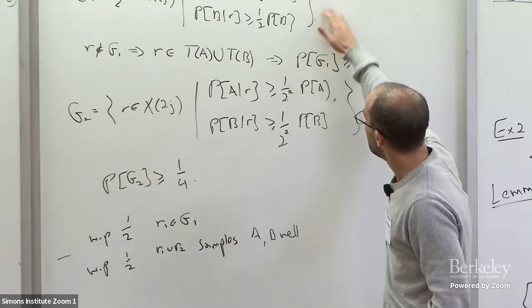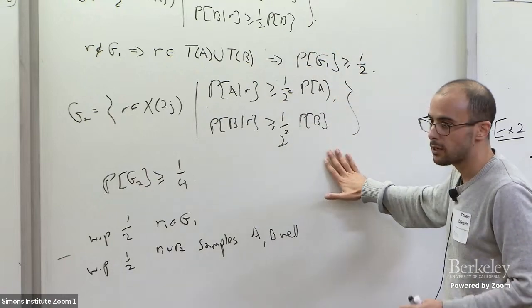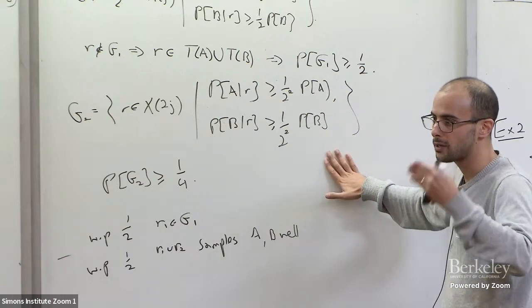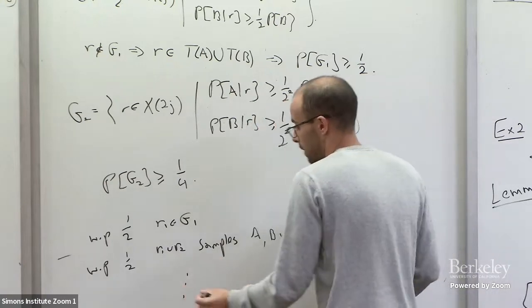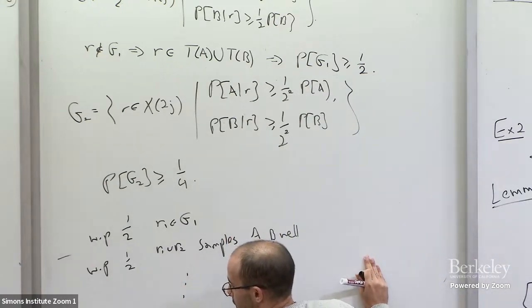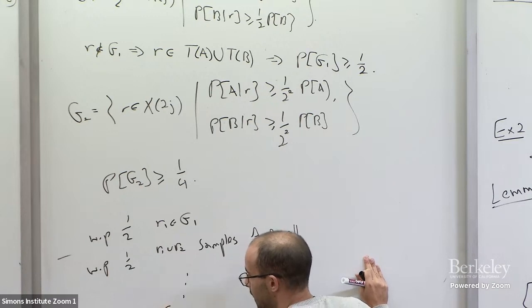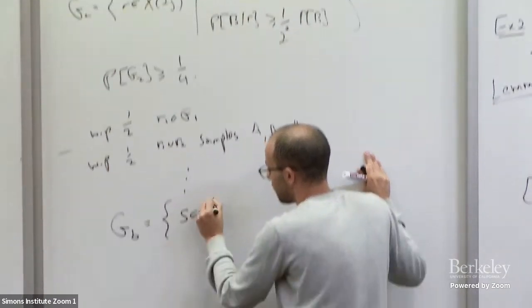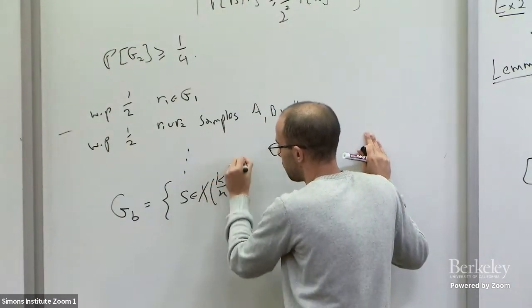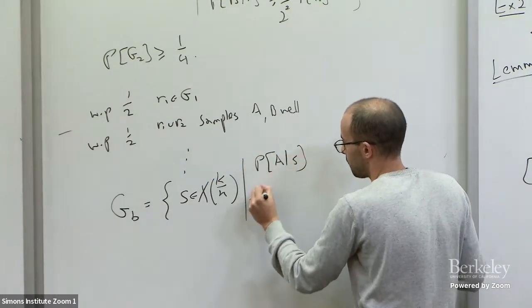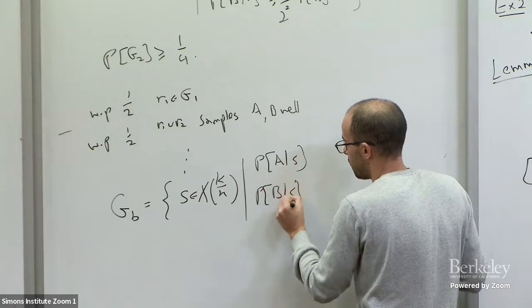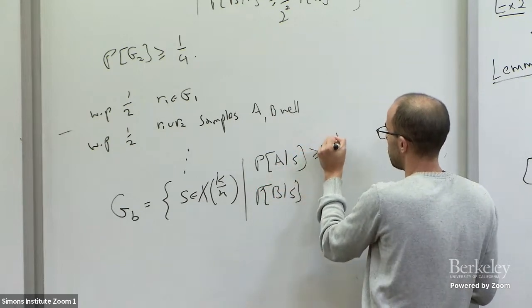So now, we will define also G3, G4, and so on, up until you arrive at G_B, where B is the batch size, and these will be all sets of size k over 4, such that in their star, we are off by no more of a factor of 2 to the minus b.